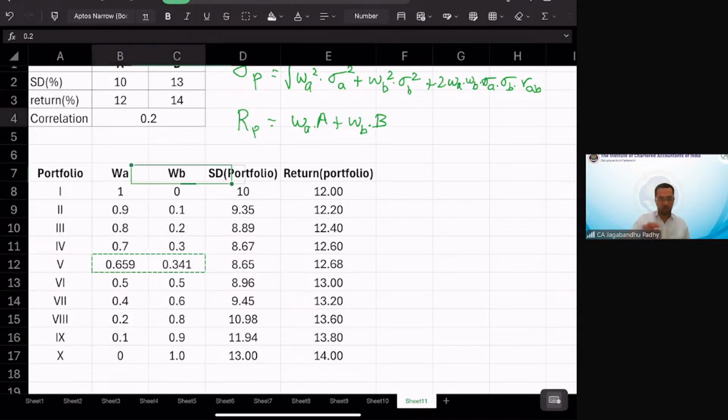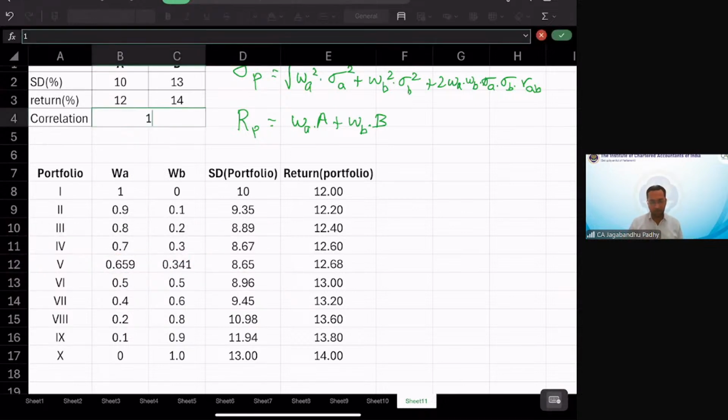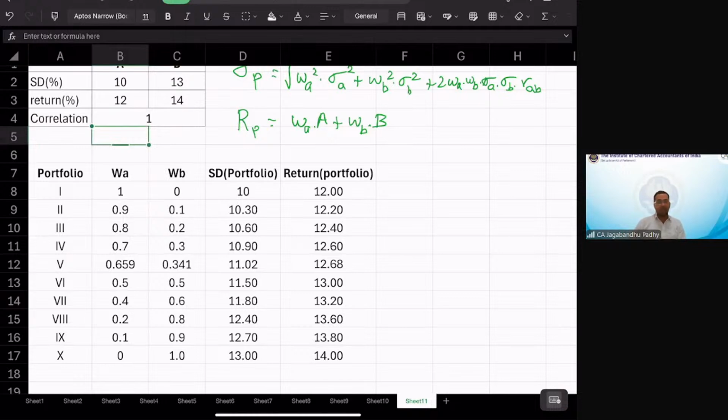If I take the correlation as 1, you won't find any effect of portfolio risk reduction.